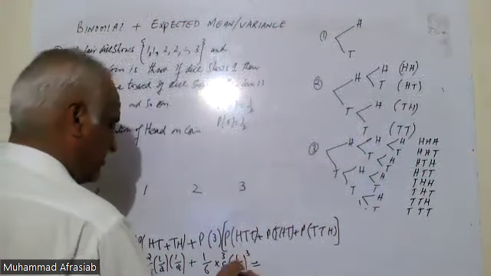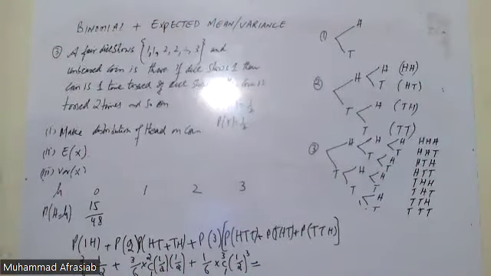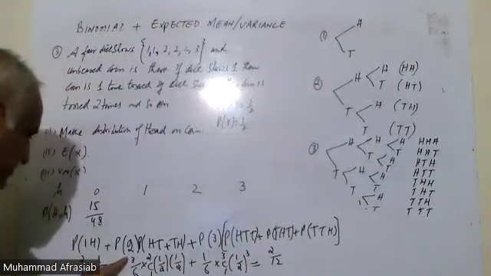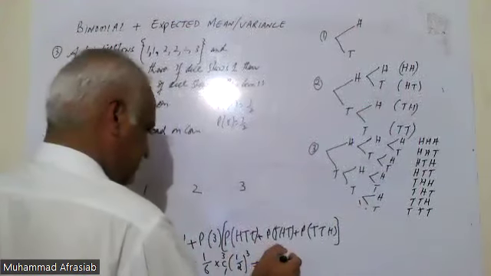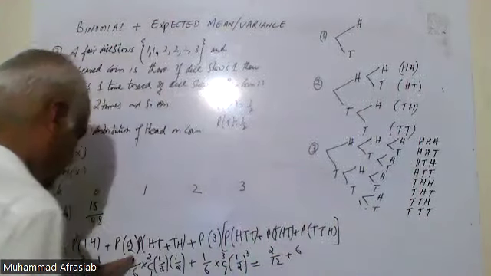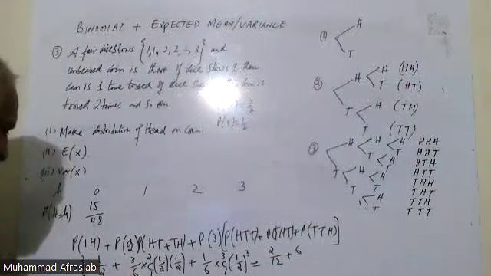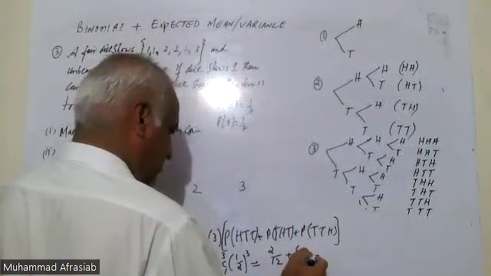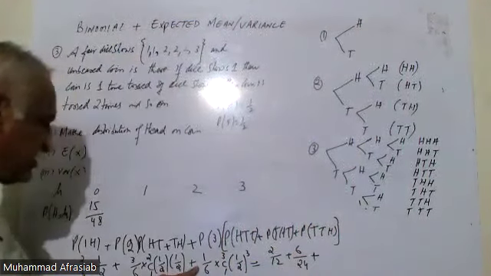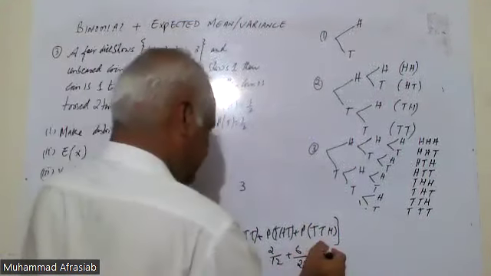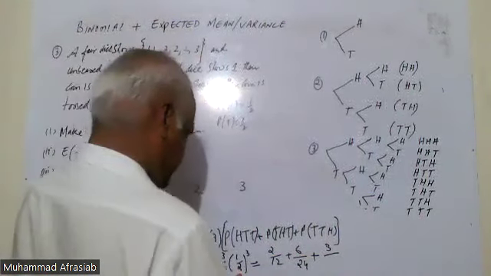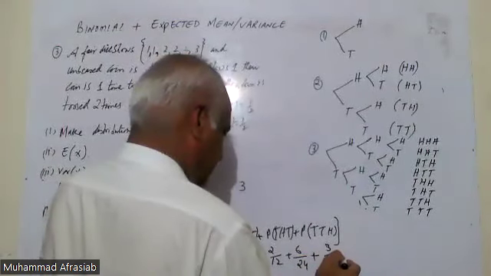So this calculation gives 2 by 12 plus 3 by 24 plus 3 by 48.